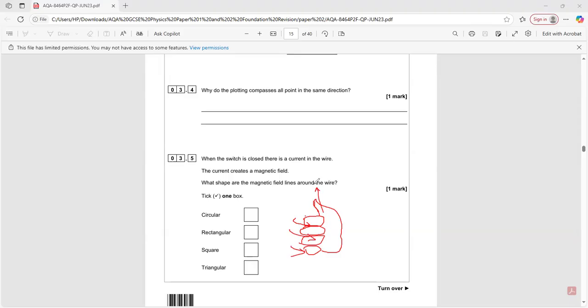So just imagine that the wire is being held by the grip of this hand that is doing the thumbs up. As the electricity is flowing upwards in the direction of the thumb, the magnetic field will follow the direction of the fingers. Well, my drawing doesn't look too accurate, but I guess you get the picture, right? Yes.